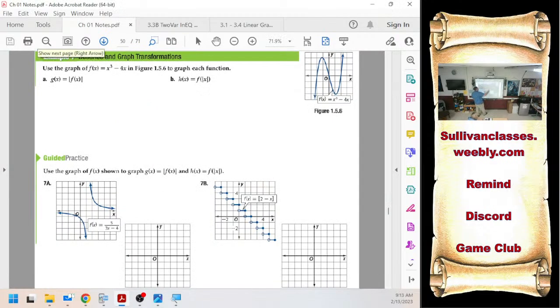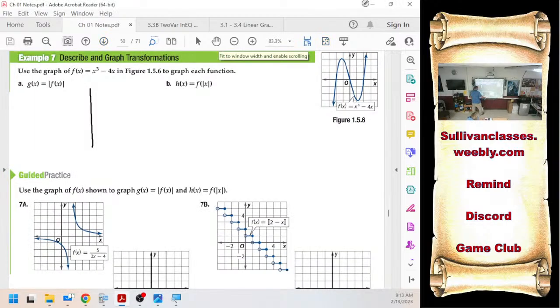So this graph over here, we're just going to sketch it. It's okay. Wide. There we go. So the first one says I absolute value the entire function.